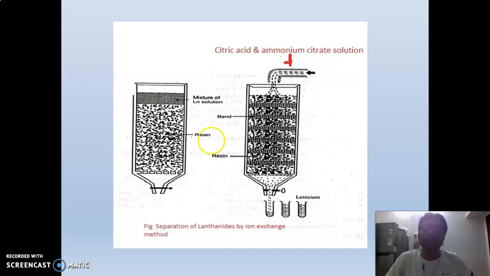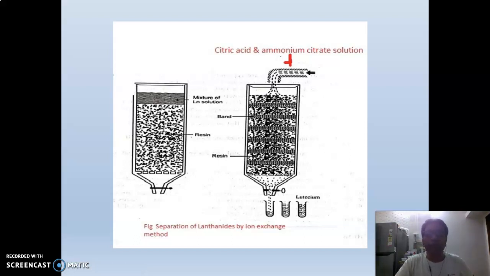So in this way, the lanthanum 3+ ion is at the top of the resin column, and the lutetium tripositive ion is at the bottom of the resin column. So the lanthanon ions get attached to the resin column here. Okay. Now we want to release the lanthanon ions from the resin column, so an eluent should be added.